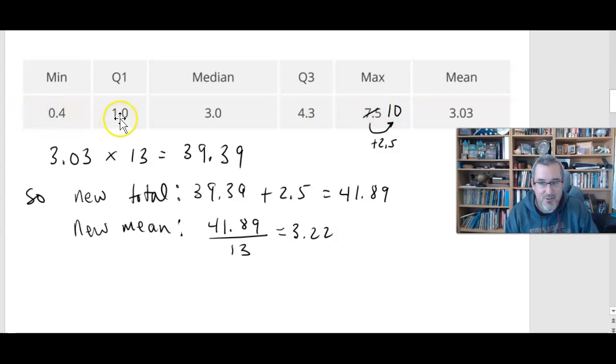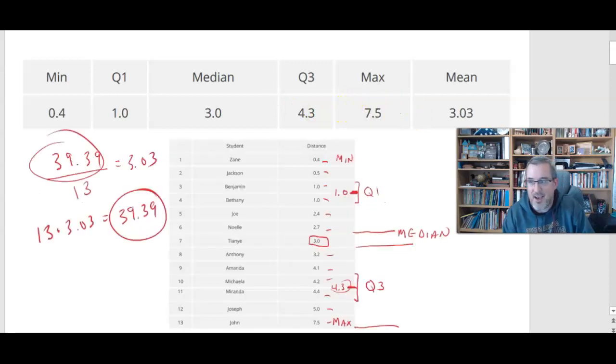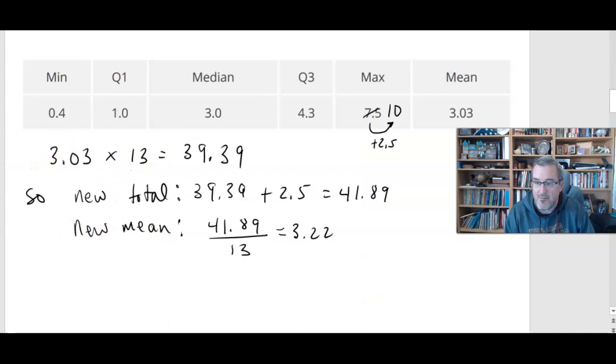That doesn't change the first quartile, the median, the third quartile. It doesn't change anything except the maximum in that 5-number summary. In fact, all we've done is said change that number to a 10. Changing that number to a 10 is not going to make a difference in terms of the minimum, the first quartile, the median, the third quartile. The only thing it's going to affect is that maximum. And so that's one thing.